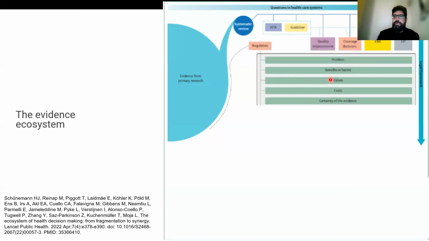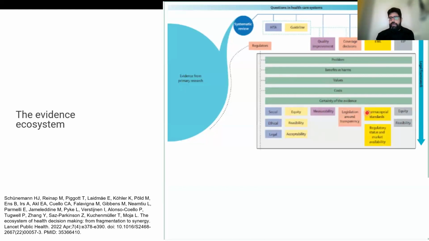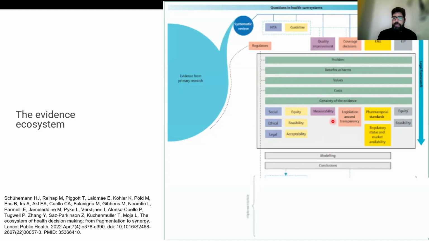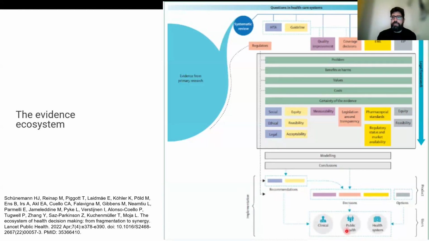In GRADE terminology, we try to state what is the problem, the benefits and harms, values and preferences of patients, the cost, the certainty of evidence, and other key aspects depending on the question or the solution we want to make. We can use models, we make conclusions, and afterwards, we make recommendations or decisions or take different options for clinical practice, public health, or health systems.